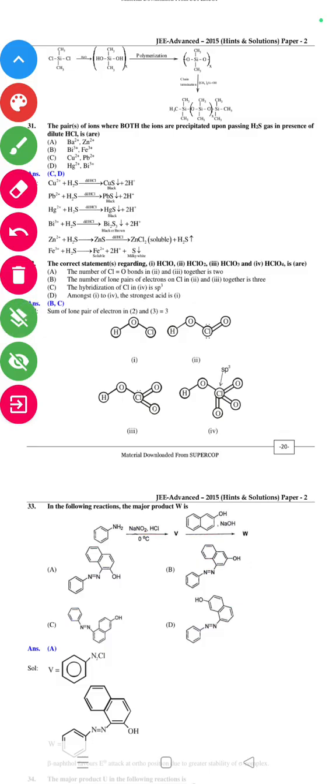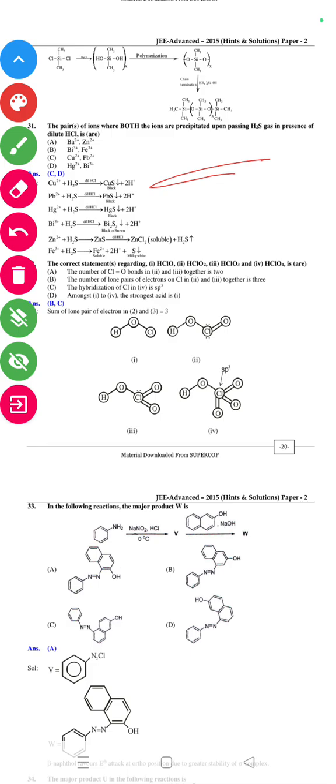अगला क्वेश्चन है the pair of the ions where both the ions are precipitated upon passing H2S gas in the presence of the dilute HCl. Cu2 plus H2S dilute HCl करेंगे तो CuS ब्लैक प्लस H plus बनेगा, Pb2 plus H2S dilute HCl करेंगे तो PbS ब्लैक प्लस H plus बनेगा, Hg2 plus H2S dilute HCl करेंगे तो HgS ब्लैक प्लस H plus बनेगा, Bi3 plus H2S dilute HCl करेंगे तो Bi2S3 ब्लैक और ब्राउन प्लस H plus बनेगा.